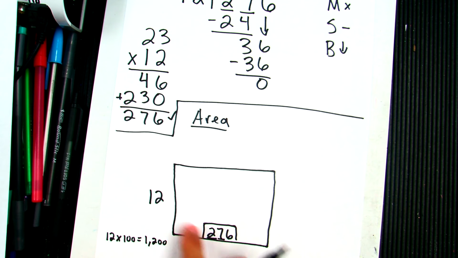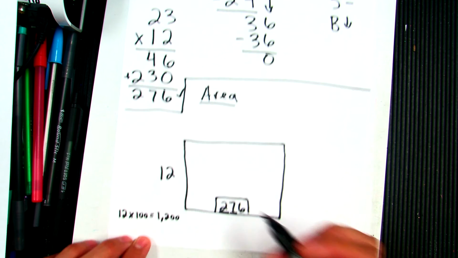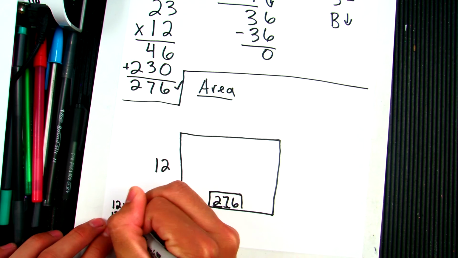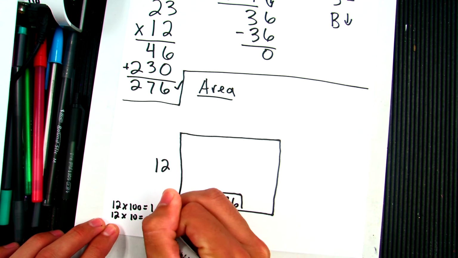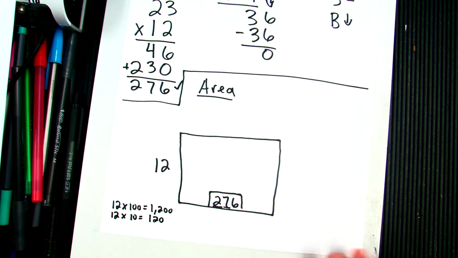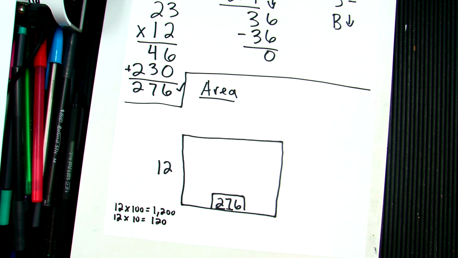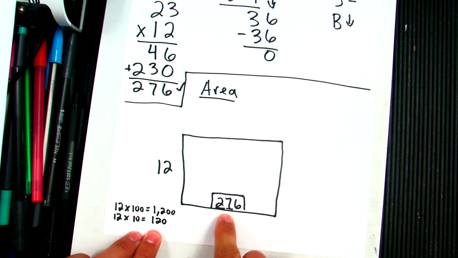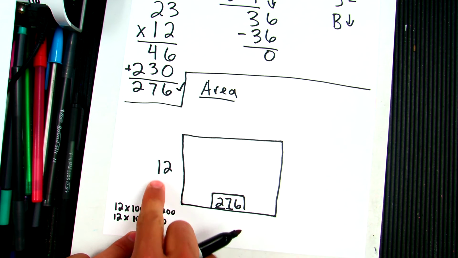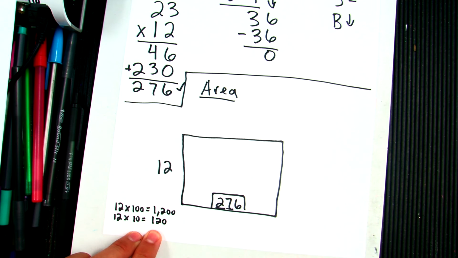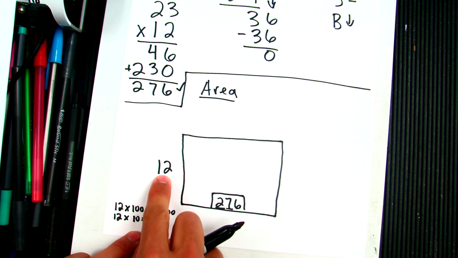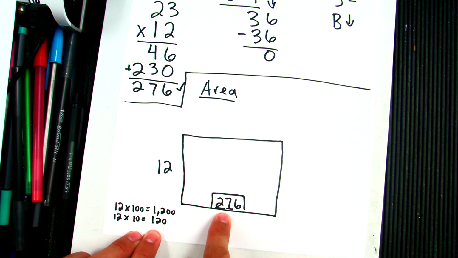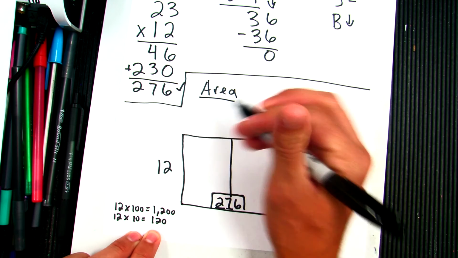Okay, now let's go to my next place value, my tens place. How many groups of 10 can I take out using 12? Well, let's check. 12 groups of 10, that's 120. Okay, so let me see how many groups of 120 I can take out. Instead of trying to do it all in your head, just look at 12 and 27. How many groups of 12 can you take out of 27? 2.